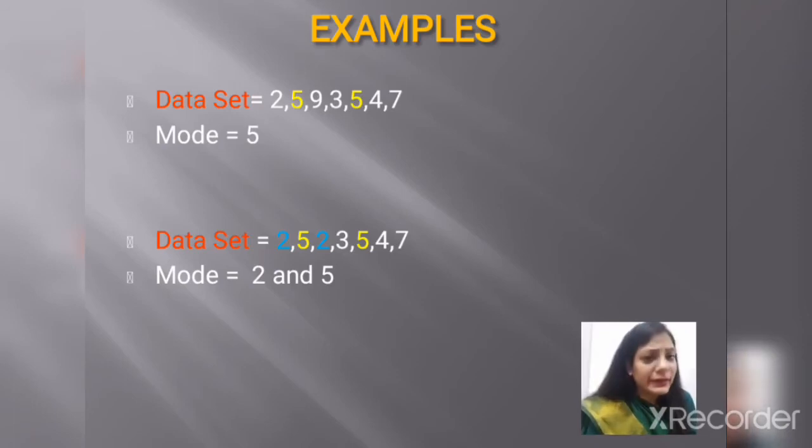In the second data set, there is 2, 5, 2, 3, 5, 4, 7. Here you can see 2 is coming 2 times and 5 is also coming 2 times. Hence, the mode is both 2 and 5.